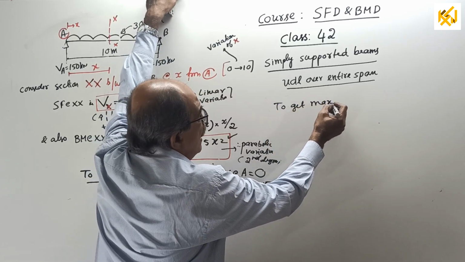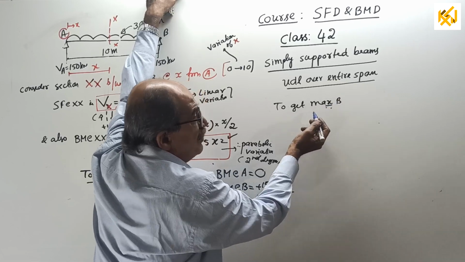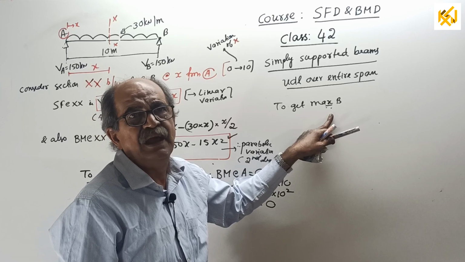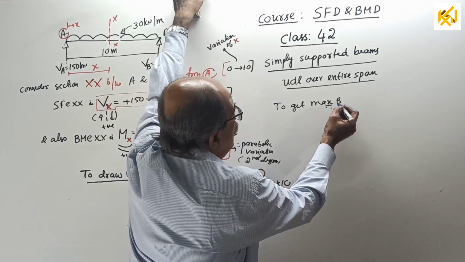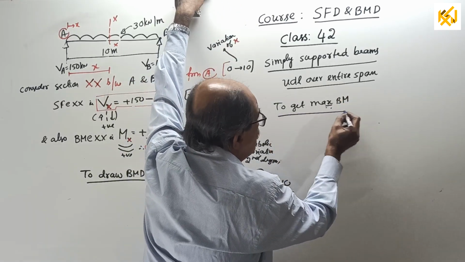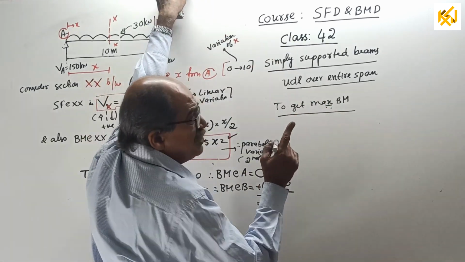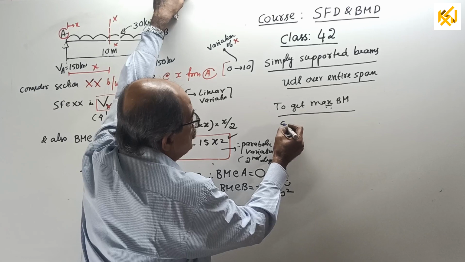So therefore, continue now to get the maximum BM. Usually, to save time, I will not write the full word maximum; I will always put it this way, maximum BM. Time also counts. First of all, we have two options. Option 1.